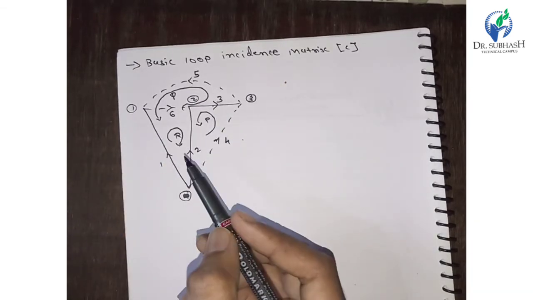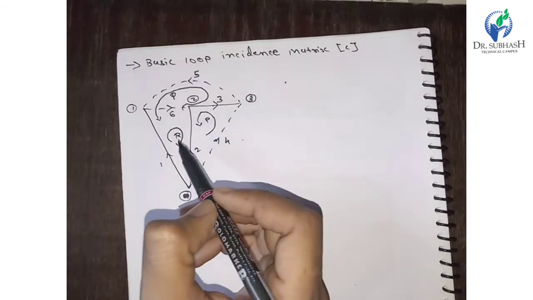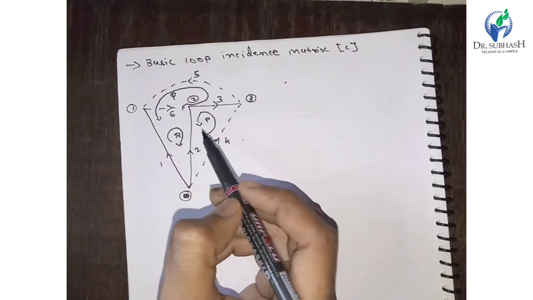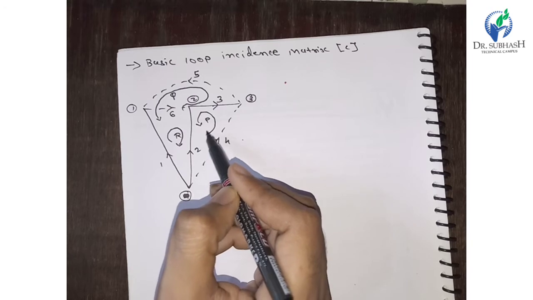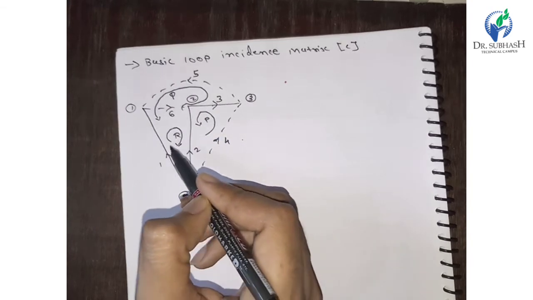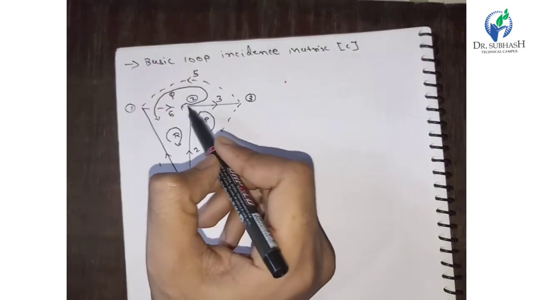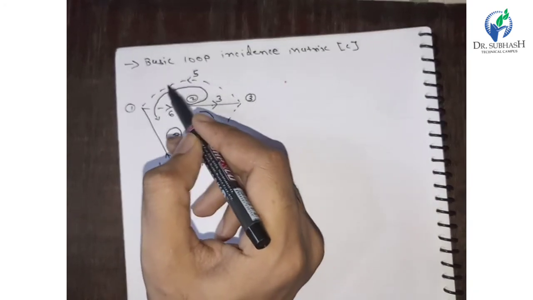The basic loops are considered as P, Q and R. Loop P is in this direction, loop R is also in this direction, and loop Q is in this direction.